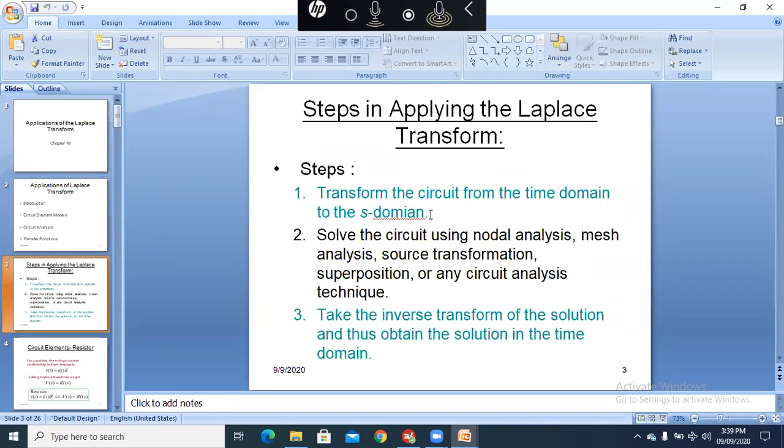First transform the circuit into the s domain, then apply the circuit analysis techniques, and then take the inverse transform to find the time domain solution.